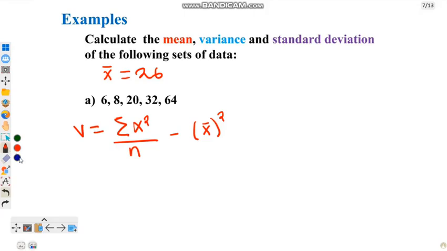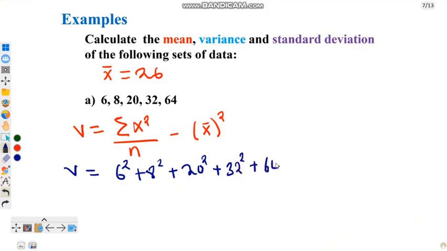I'll start with method 2. This is the method that you start with. Then variance is equal to, we are going to square these and add them: 6 squared plus 8 squared plus 20 squared plus 32 squared plus 64 squared over 5 minus, the mean is 26 squared.